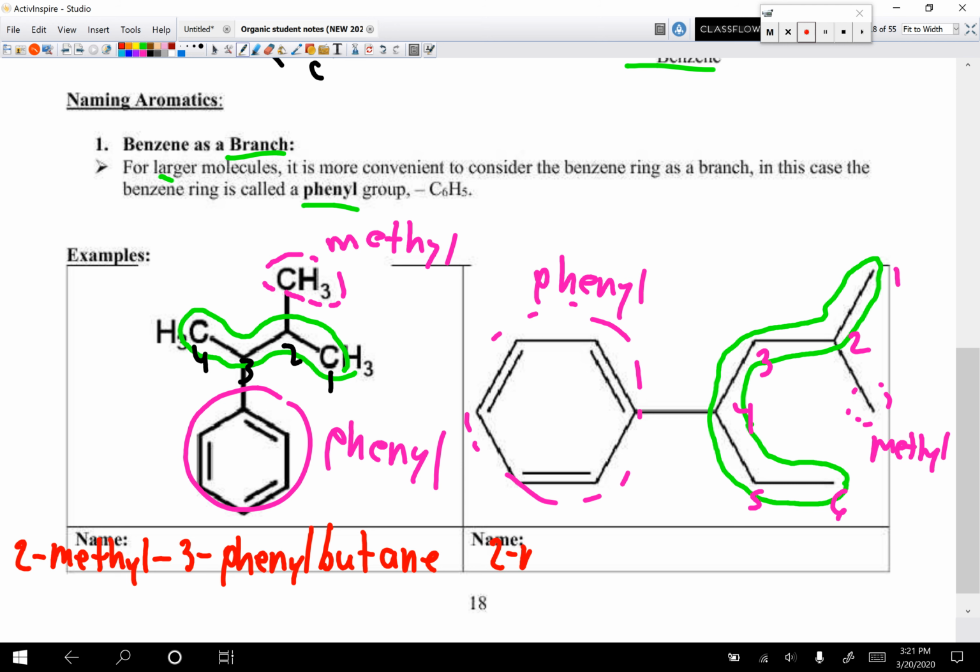So we have 2-methyl, 4-phenyl, sorry, forgot to put in the dash. 4-phenyl, and then of course we have hexane, because there is no double bond or triple bond.